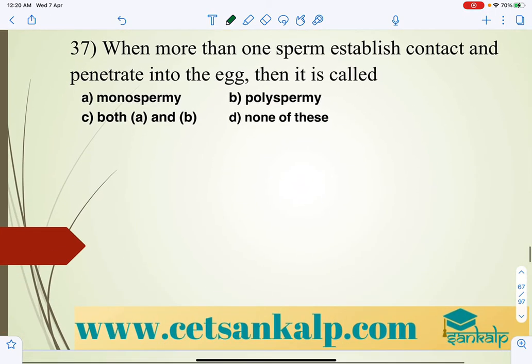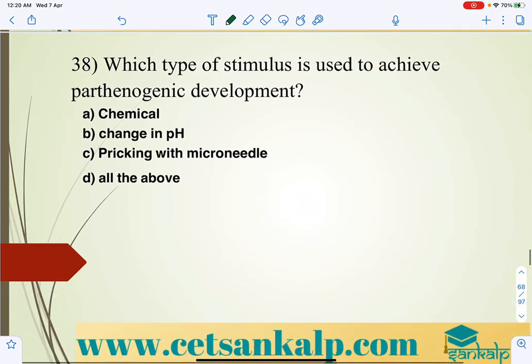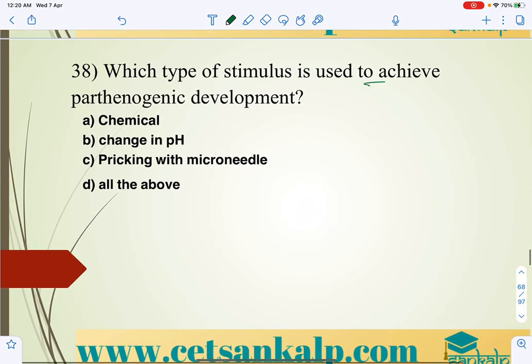When more than one sperm establishes contact and penetrates into the egg, it is called polyspermy, which sometimes leads to the development of twins. Which type of stimulus is used to achieve parthenogenetic development?